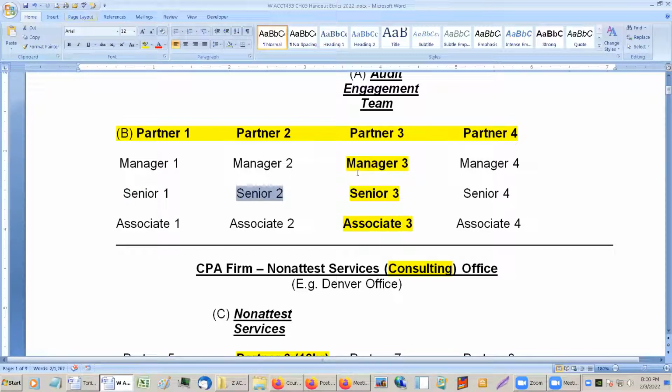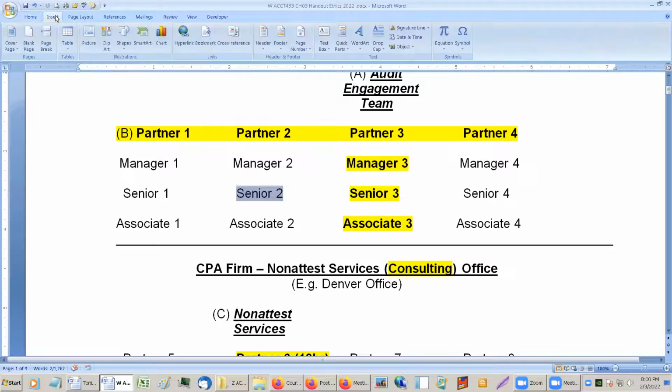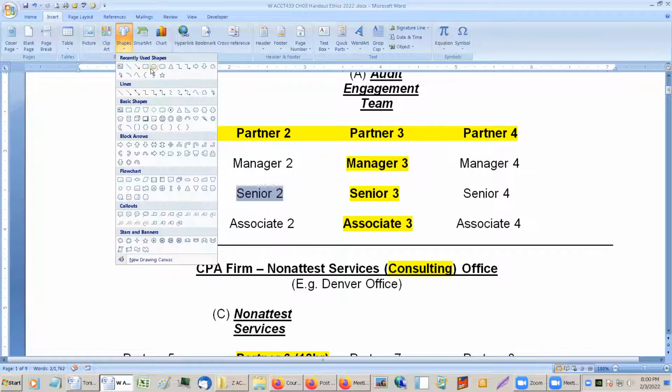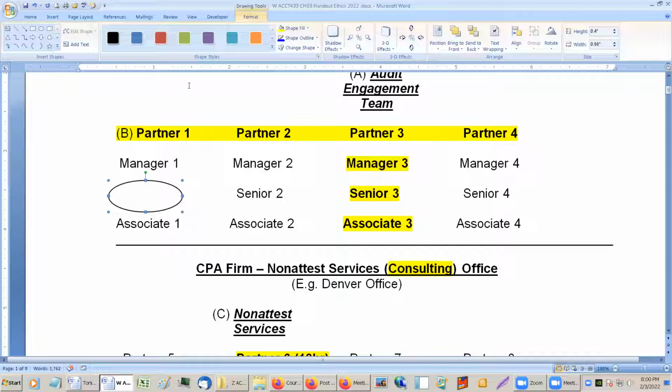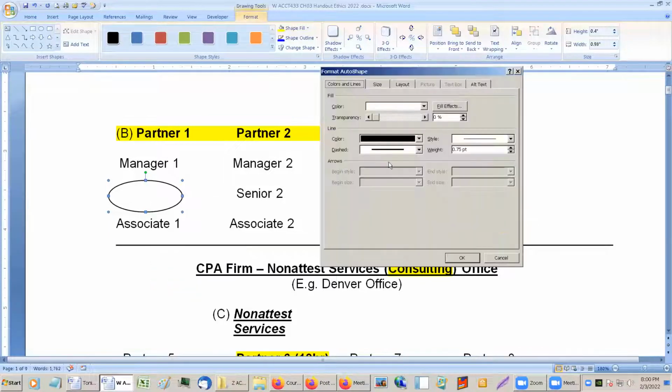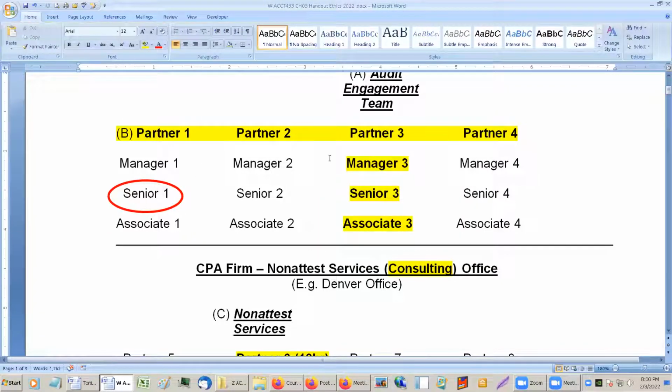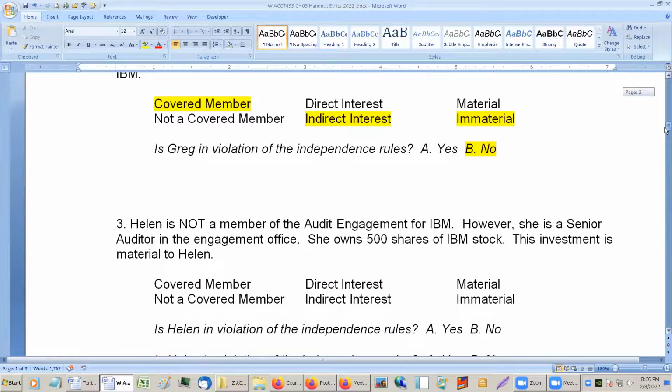So if she's not on the audit engagement team, but she's a senior, she is actually not a... So she's not a covered member if she's a senior and she's not on the audit engagement team. Okay, so she's not a covered member.